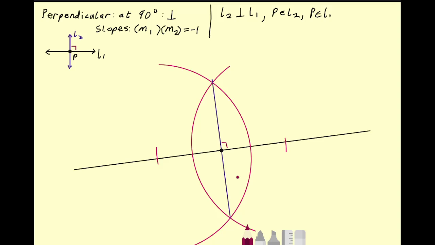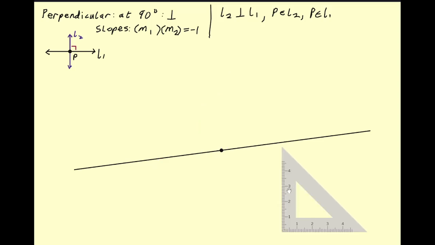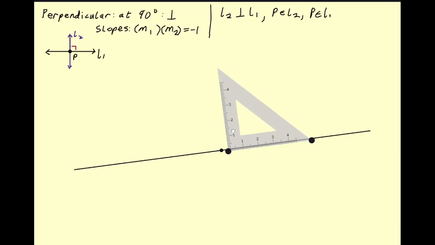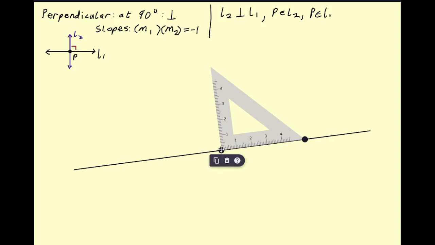If we were explicitly asked to, we can also construct this using a set square. And we're going to look at that now. To do this with our set square, we take one of our standard triangles that's in our construction set, and we are going to sit it along our original line, and then we're going to slide that along until we come to the point that we are interested in, our point P as drawn up here.